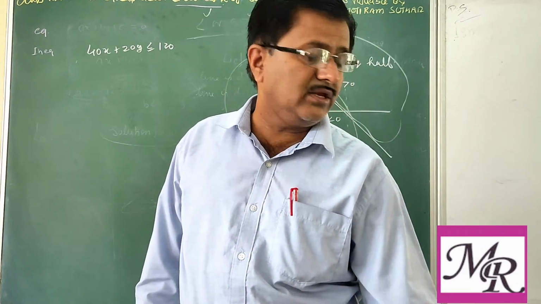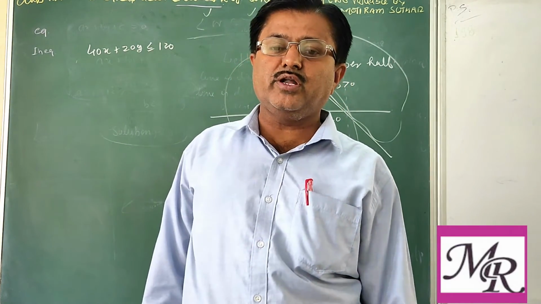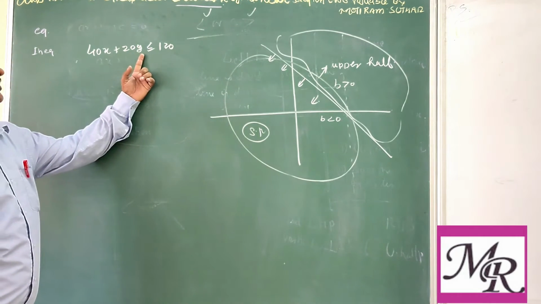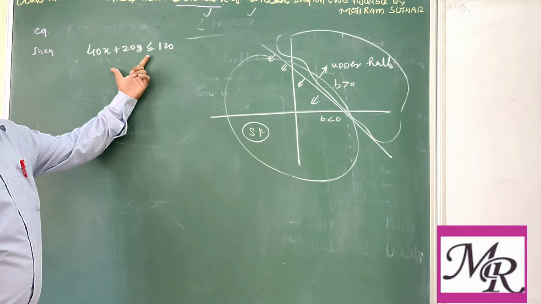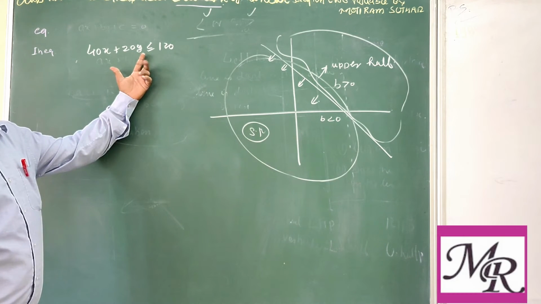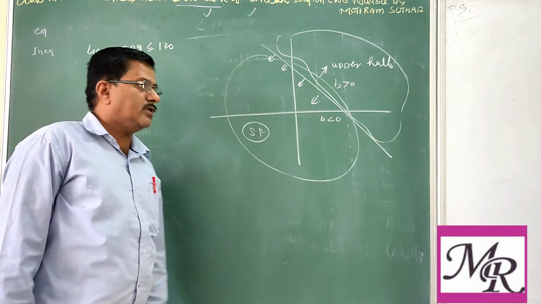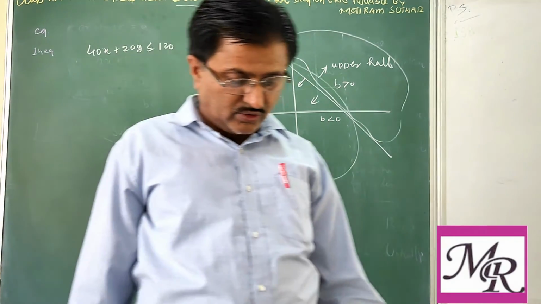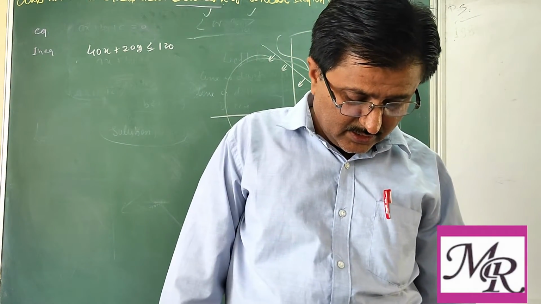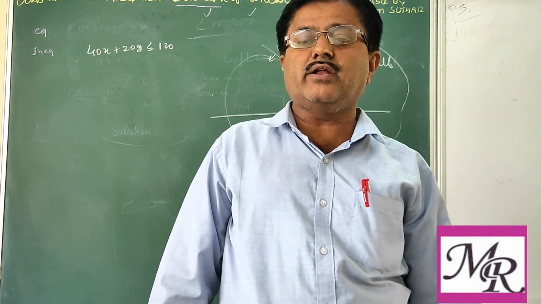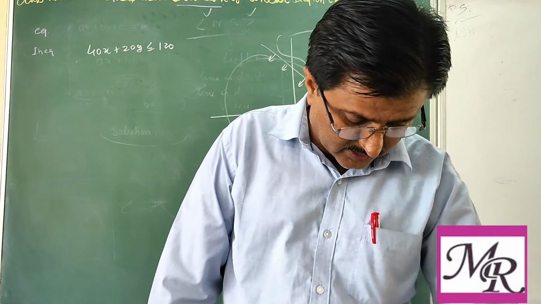If you put a value of x, there will be a corresponding value of y. Or you may put y as 0, then x also has some value. If y is 1, then x has some value. So as in the case of an equation, here also you have to find some values of x and y which satisfy the given condition.